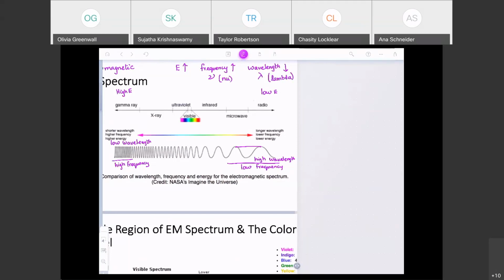Now what we want to focus on here today is ultraviolet visible. So you can see the visible is a really, really small portion of the electromagnetic radiation that excites the retina of our eyes. The ultraviolet is to the left of it. So the ultraviolet is higher in energy compared to the visible. Keep that in mind.